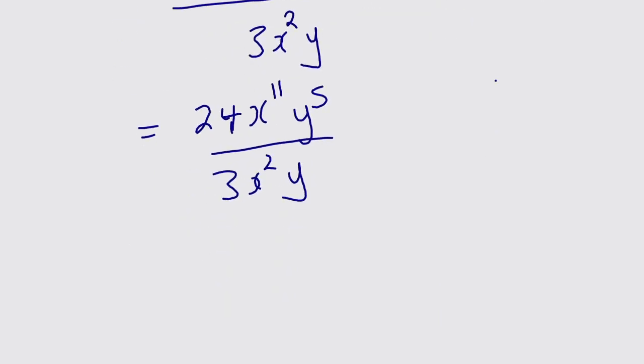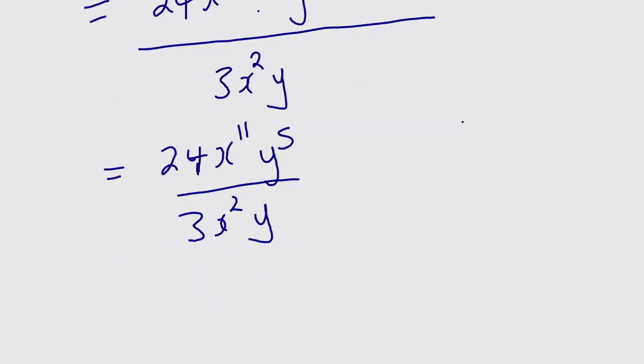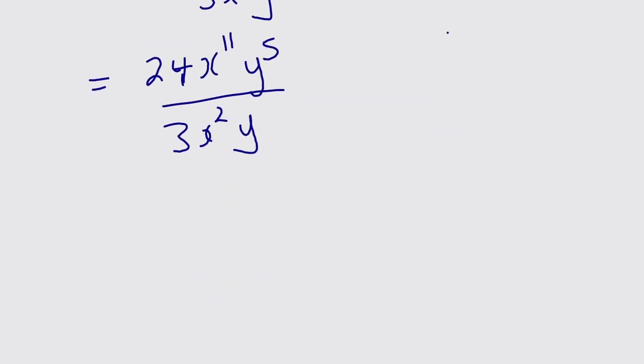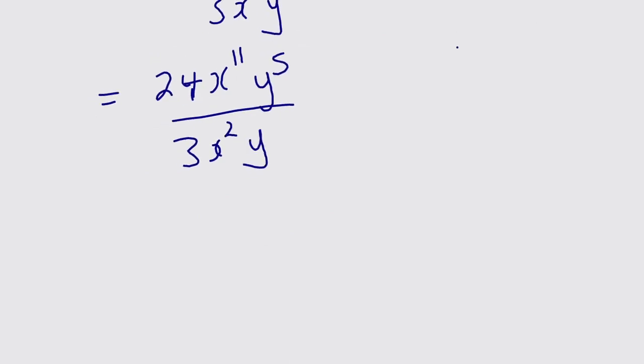So now, when we have it like this, we have 24 and 3, which we can divide. 24 divided by 3 is going to give me 8, right?